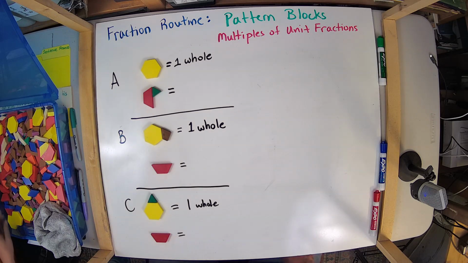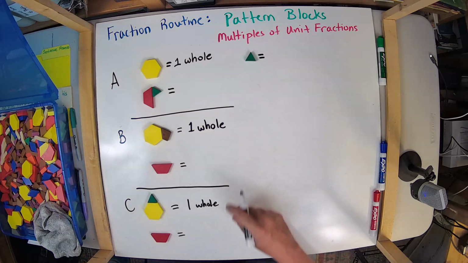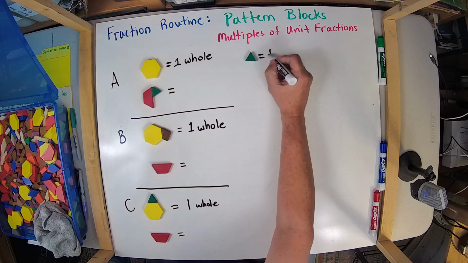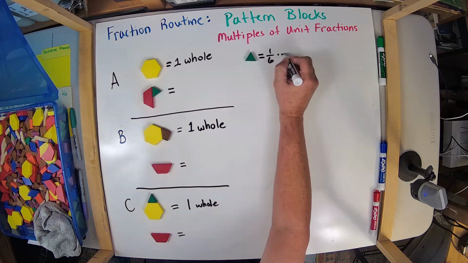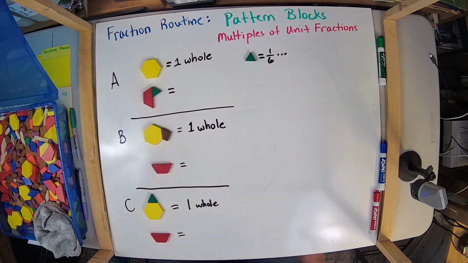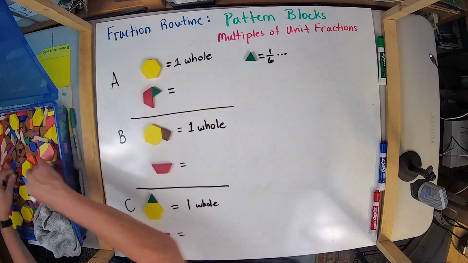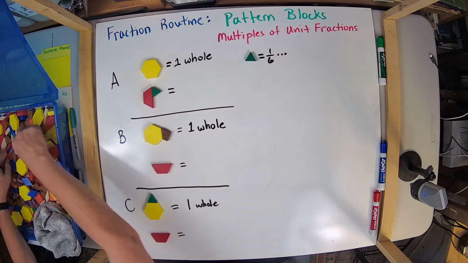So that's challenging. So first what I have to do is define, what value is this then? I already know that that's 1/6. I've done it before. Students might know, but I still want their reasoning. And so if that's 1/6, then what value is this unknown piece?